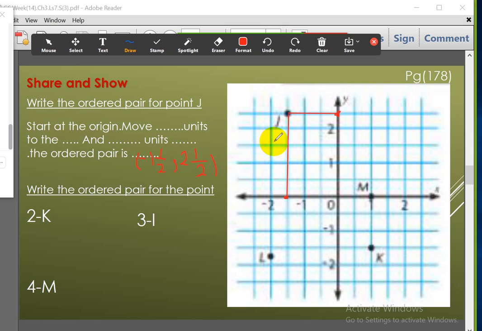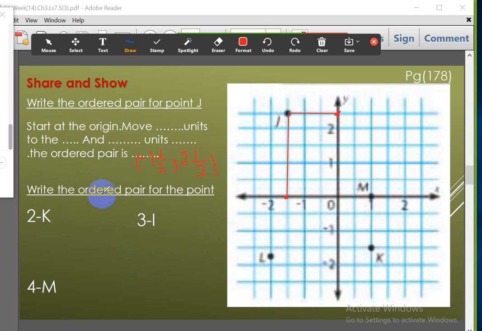Now write the ordered pair for the point. We will solve many exercises about the same idea, how we will find the coordinate or how we will locate a point in the coordinate plane. So you will understand it in the end, because we will solve many exercises today and tomorrow.